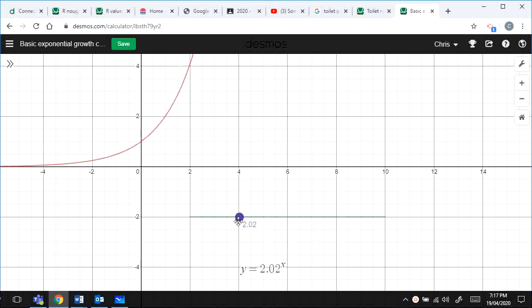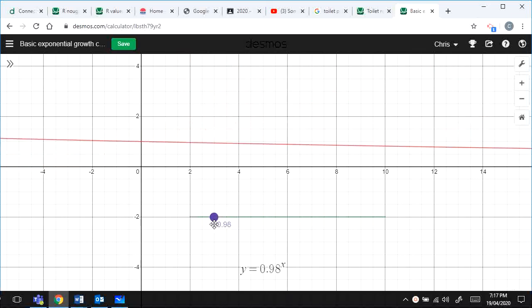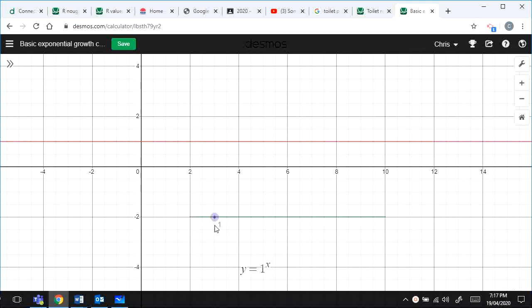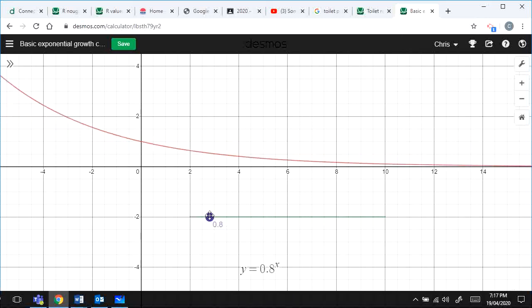Once I get down to exactly 1, I have a flat line. So if I have an Re value, the base of my exponential expression, of 1, then my disease is flatlining. If I go below 1, then I go from exponential growth to exponential decay, where you can see it starts high, but then it drops off very, very quickly.